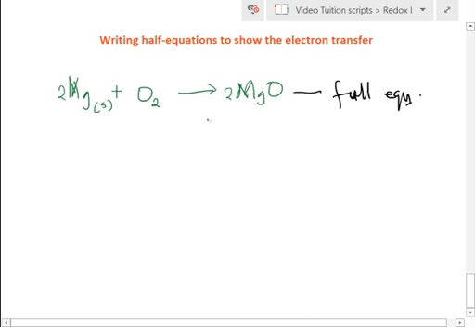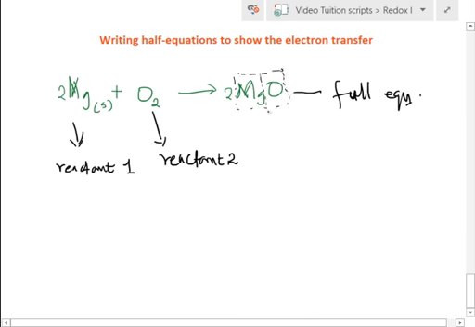So this equation can be divided into two. It can be split into two. So by splitting this equation into two, we're talking about half equation. Of course, we have two reactants. Let's call this one reactant 1, and this is reactant 2. And in the product, we can also split the product into two. Let's assume that we want to split this product into two.